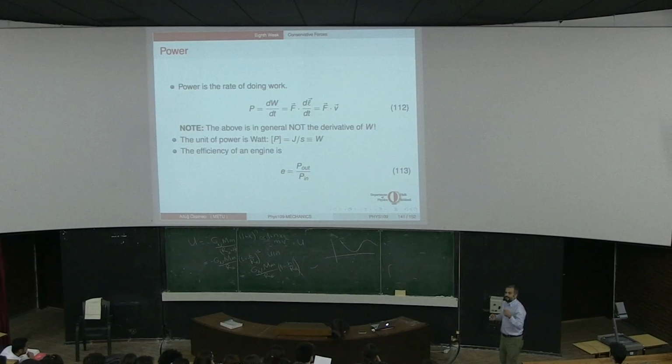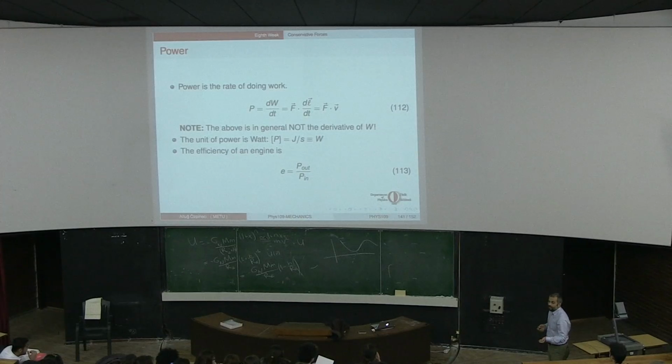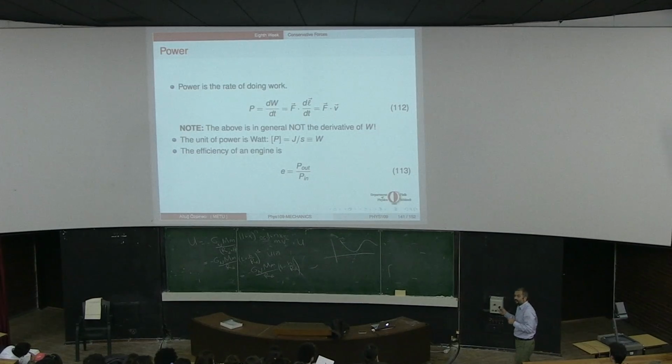Now, at each rotation, the amount of work you put in the car, the amount of energy you put in the car at each rotation is more or less constant. So if the work is constant at each rotation, if you increase how many times it rotates in 1 second, you are decreasing dt.